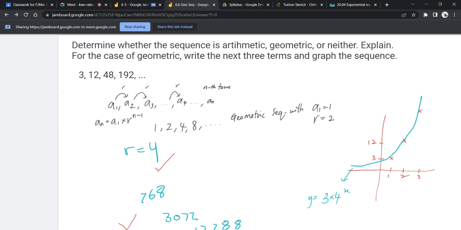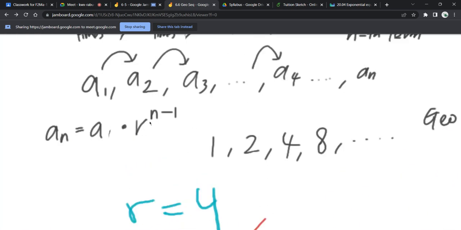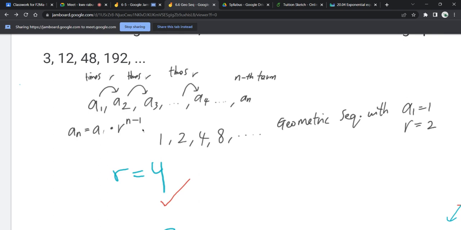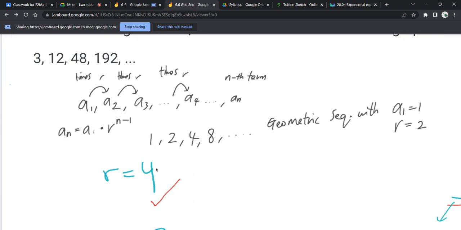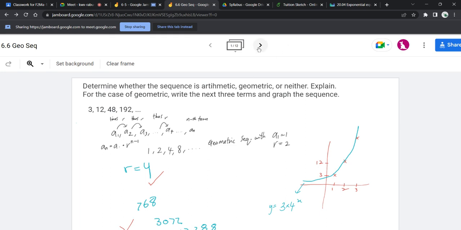Okay, so this times. So it's not x r, we only denote r. Also this x I also need to take away. Yeah, so it's actually a dot r. I mean, it's a times r, but not the x thing, where r is the common ratio.